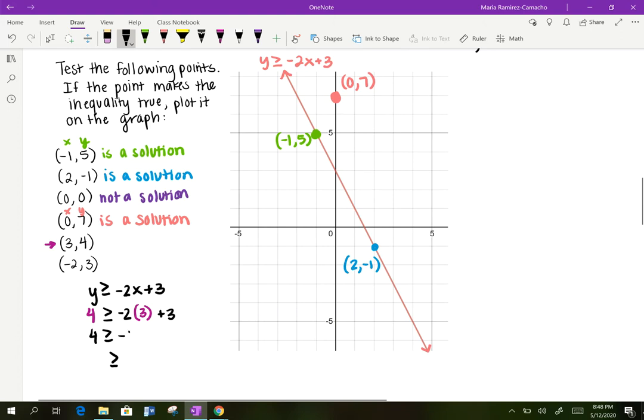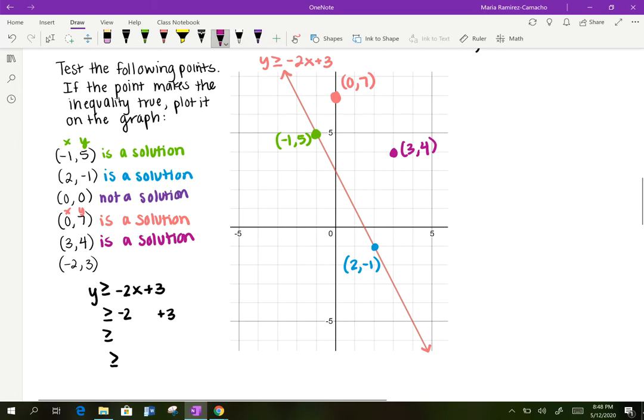Okay, let's see, that is -6. Is 4 greater than or equal to -3? It is. So this is a solution. We're going to graph this point. 3, 4 is right here. One more. Let's plug in the point.